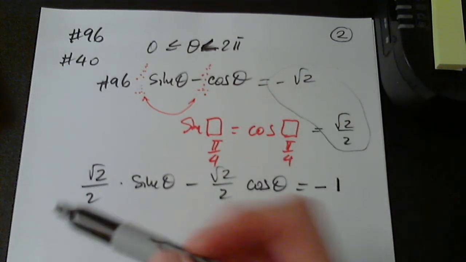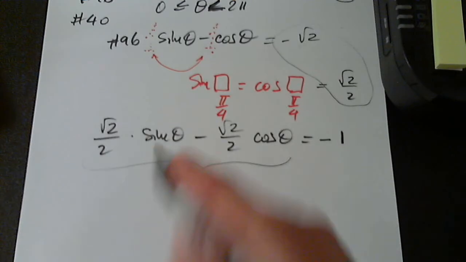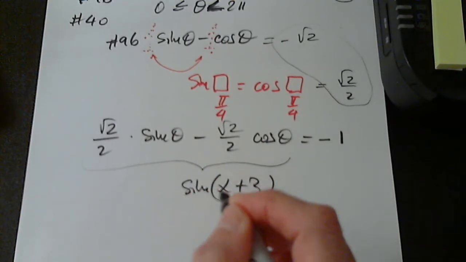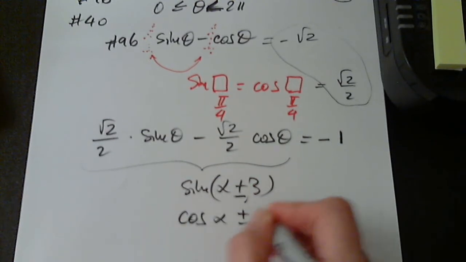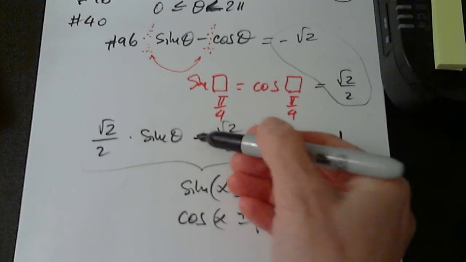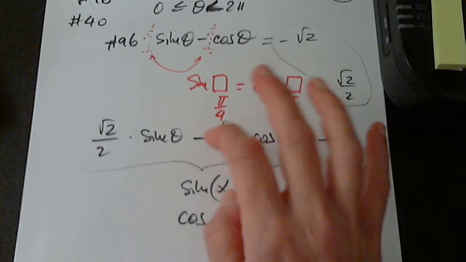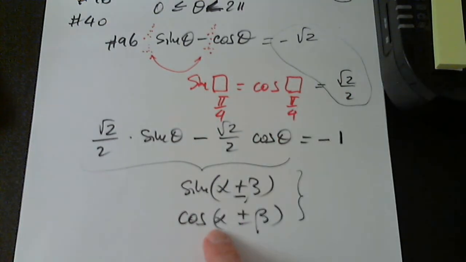But now I have to decide whether I want to look at sine alpha plus or minus beta, or cosine alpha plus or minus beta. I can use either one. Of course, keeping in mind the negative in the middle. So if I use sine, then I have minus, but if I use cosine, I will have the plus here.